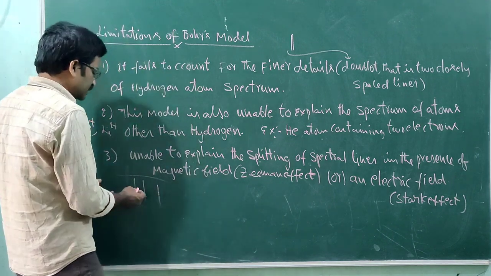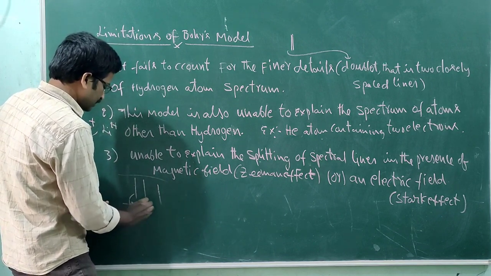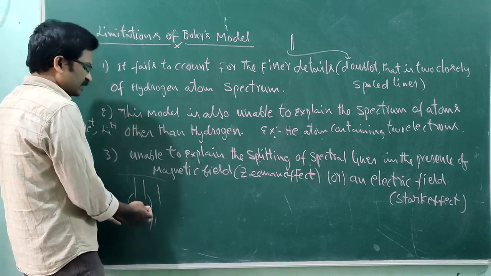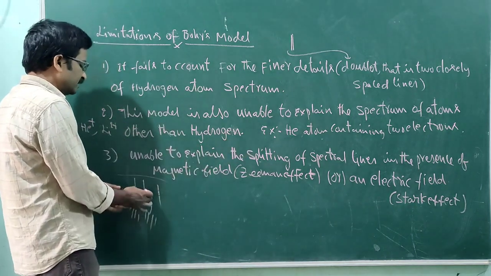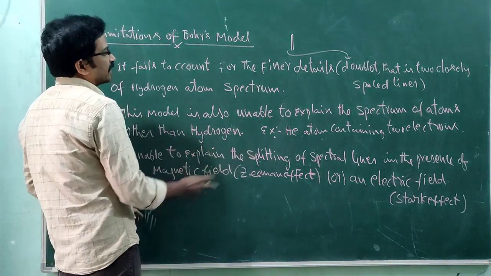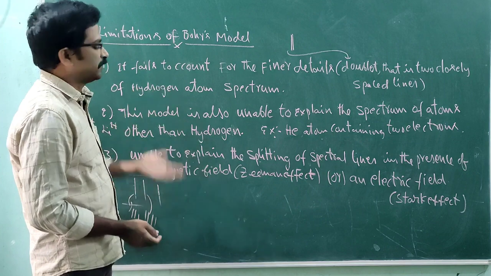One line may split into several lines. The splitting of spectral lines in the presence of magnetic and electric fields is not explained by Bohr theory. Next point.